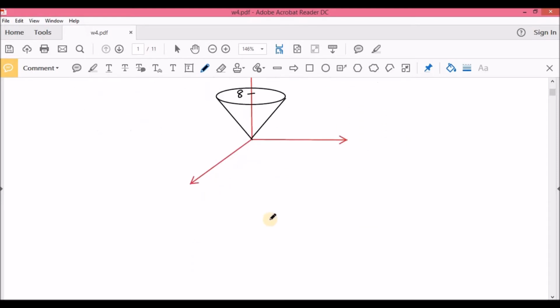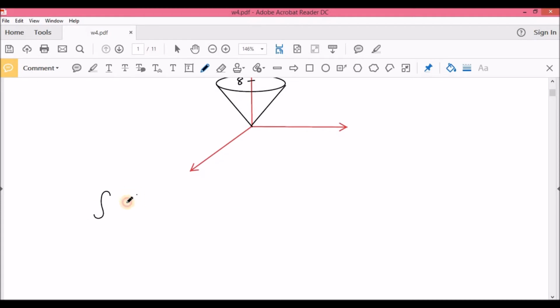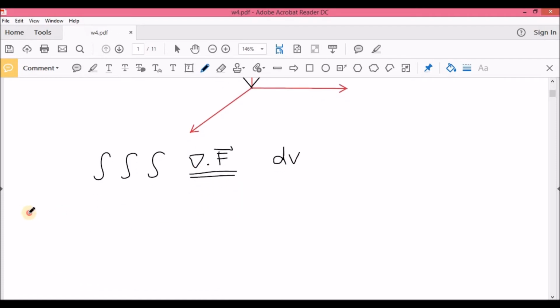Now you have to solve the triple integral of the divergence of F dV. First, let's settle the divergence of F. You perform the partial differentiation for each of the i, j, k components. Please don't forget the meaning of del.